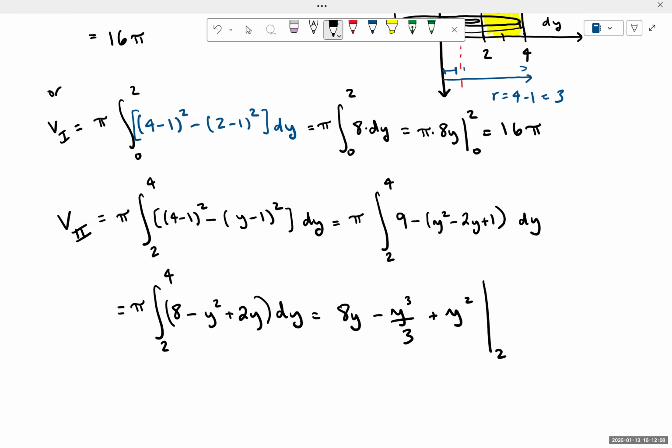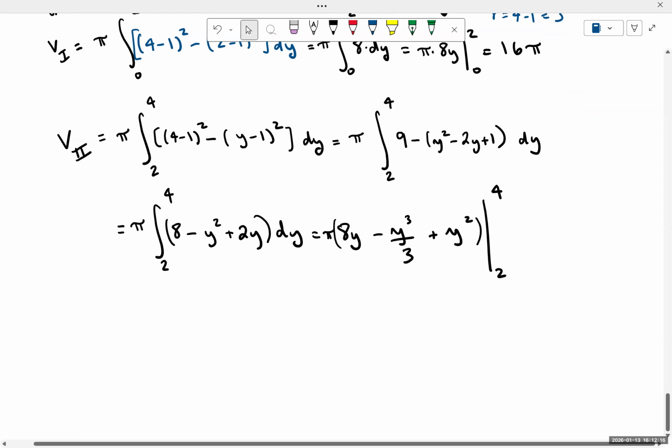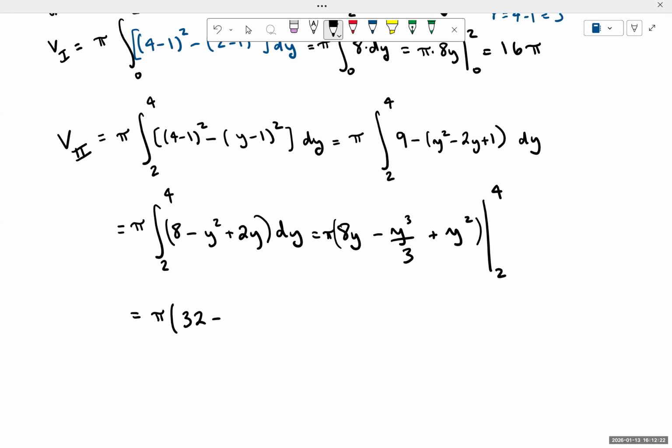I find it easier, oh, and I forgot my pi, to just draw it and try to figure it out. Thinking about everything in terms of distances will help you out. It'll be 36, and this is going to be plus 16 minus 16 minus 8/3 plus 4.